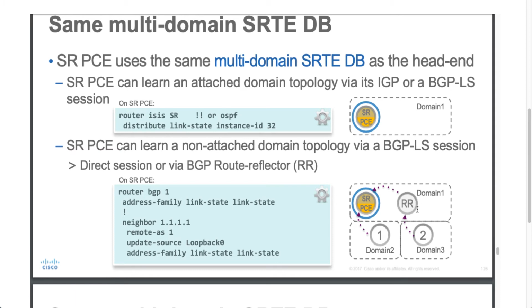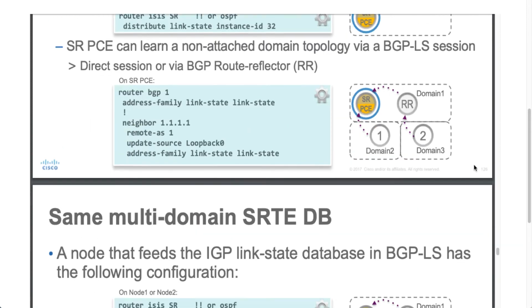The only thing we have to do is the distribute link-state we had learned, now with instance ID 32, or matter of fact, any number. This is only needed if you are dealing with multiple domains. If you have a single domain, you don't have to use any instance ID. You can just leave it the way we have been doing primarily.